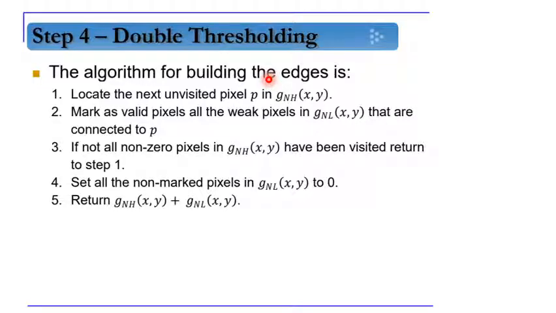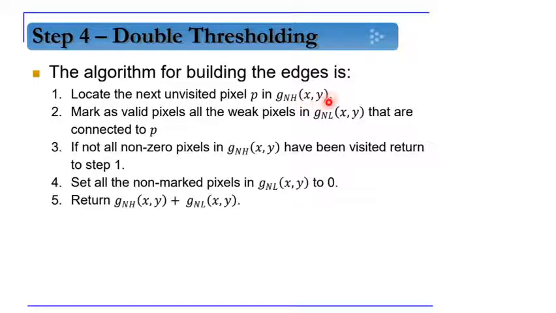So for every pixel P, we have to calculate this. Even though these two images, gNH(x,y) and gNL(x,y), are different, the coordinates are the same.